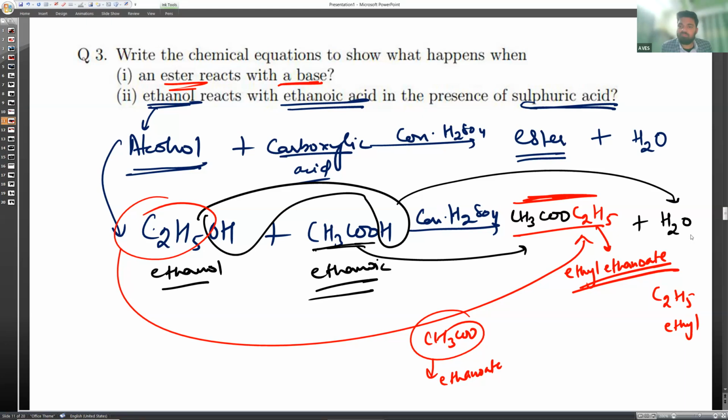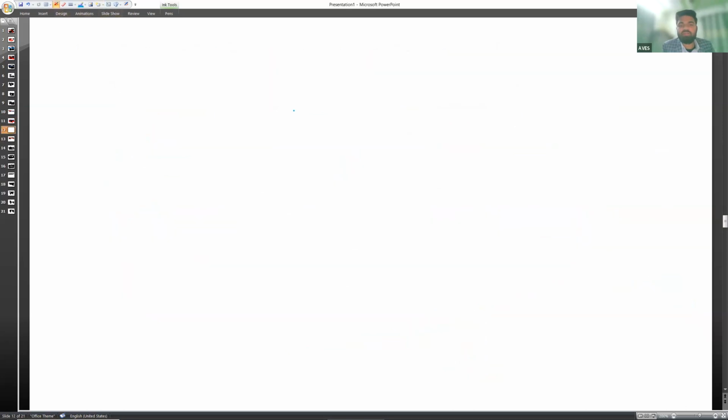So how will you write the name of ethyl ethanoate? What is ethanoate? It means two carbons. So this is CH3COO minus, which is called the carboxylate ion.